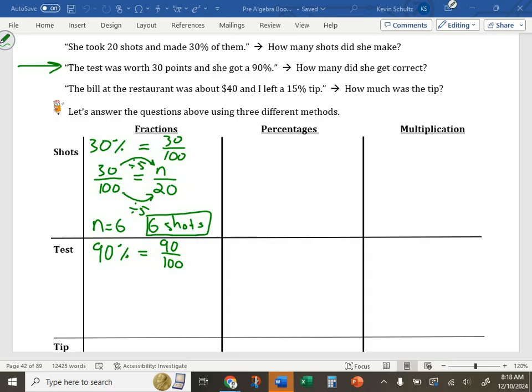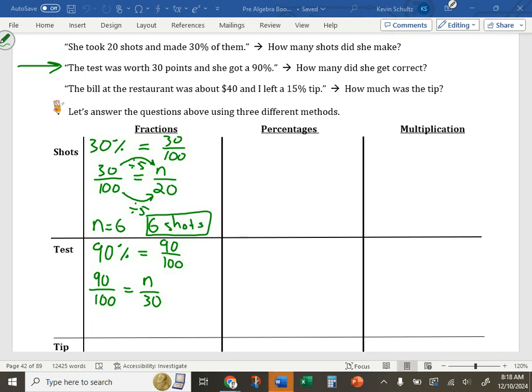Right? 90 out of 100. And then your proportion is going to look like this. 90 out of 100 is equal to how many out of 30? Because 90% means that if there had been 100 questions, you'd have gotten 90 correct. There weren't 100 questions. There were only 30 questions. But a proportion can help us figure out what n is.